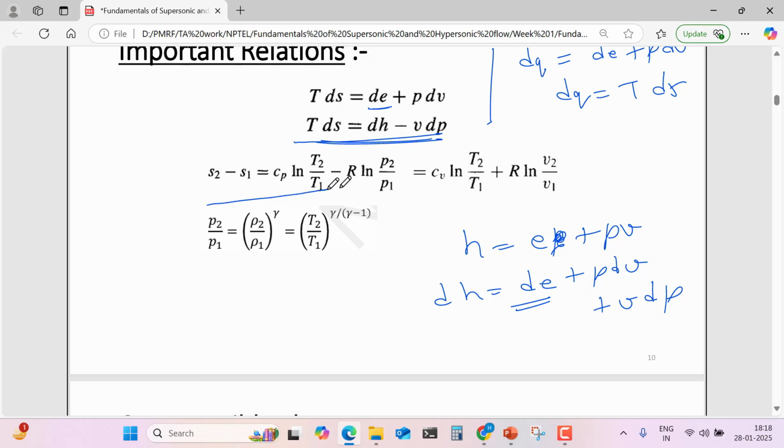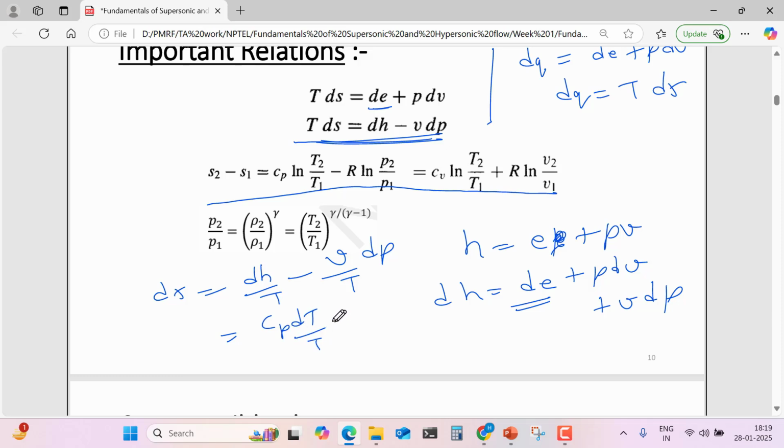And for finding the equation for entropy, we can use this equation, dS equal to dH upon T minus V by T dP. Here we can write for a calorically perfect gas, this dH will be equal to CpdT, and this T and V we can also write in terms of pressure, and after integrating we will get this equation.